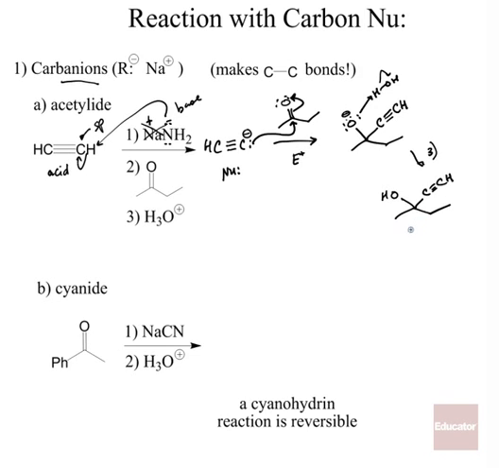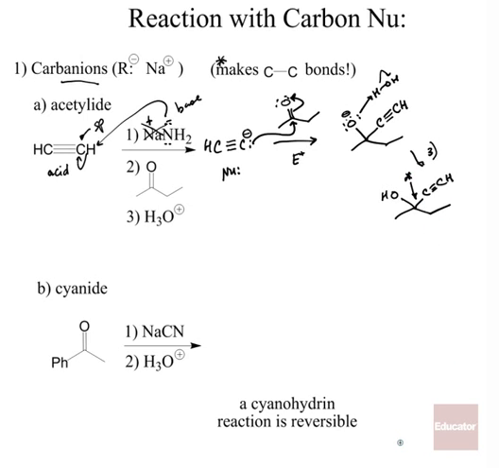But this is not a simple reduction reaction like we saw before, because we're actually adding this carbon chain. So what's new here is we've created a new carbon-carbon bond, and that's a really big deal for synthesis. What's exciting about carbonyls is they are carbon electrophiles. So if we combine with a carbon nucleophile, we can create an alcohol with a new carbon-carbon bond being formed.